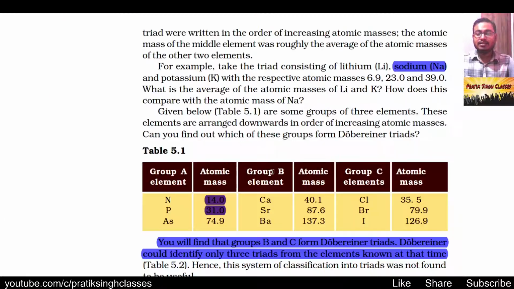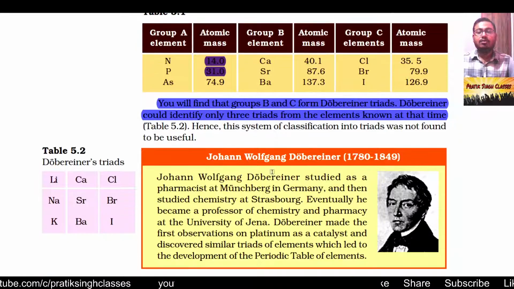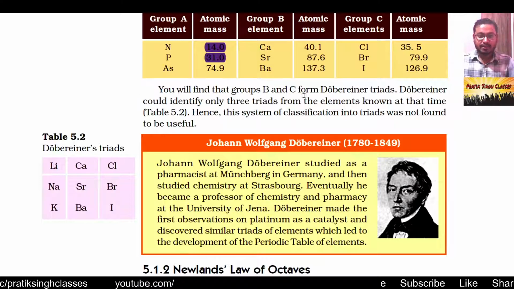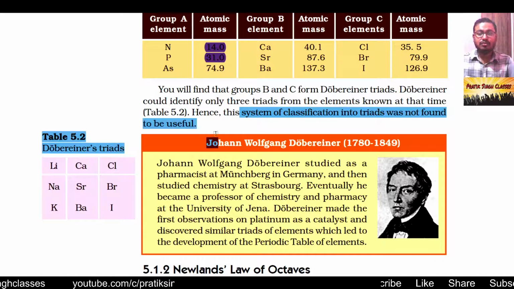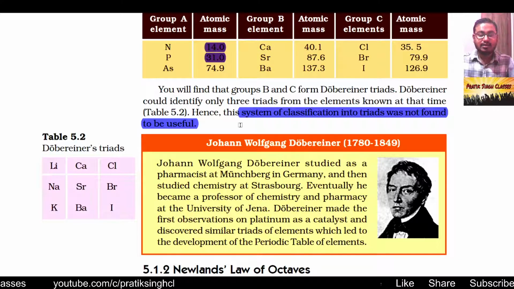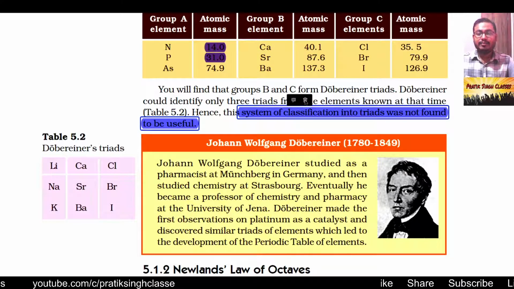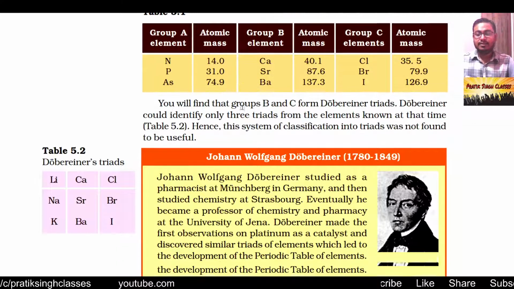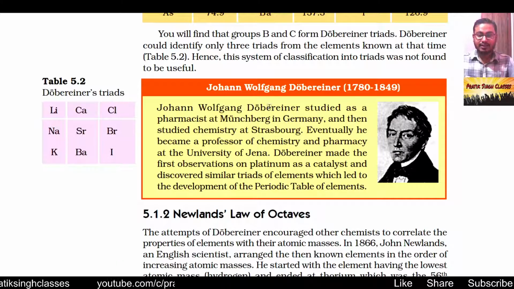At that time, for whatever elements were known, according to the Dobereiner classification, it was correct. Hence the system of classification into triads was not found to be useful as the number of elements increased. As you can see here, the group A elements don't prove Dobereiner's triad.